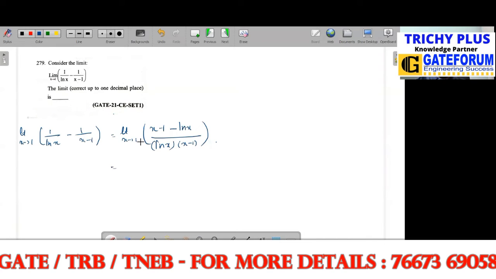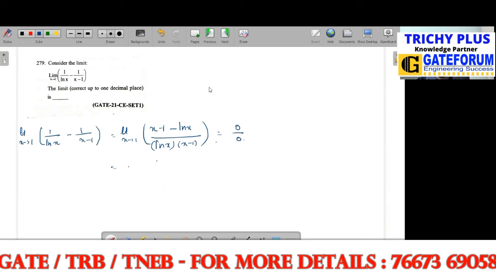If you apply x tends to 1, what will you get? 1 minus 1 is 0, minus ln of 1, which is again 0. So you'll end up with the 0 by 0 format, correct?